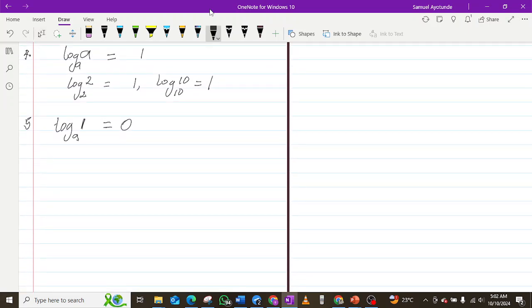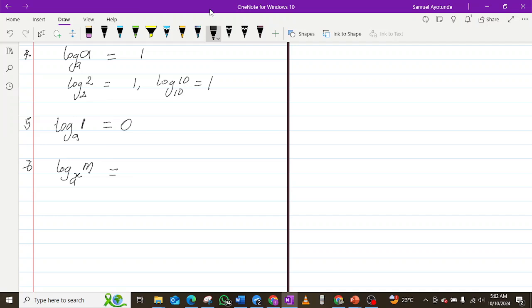Another very important law, which is very important for simplification at some point. When the base carries a power, let's say the base carries a power x, and we have m here, the multiplicative inverse of the power will become the coefficient.